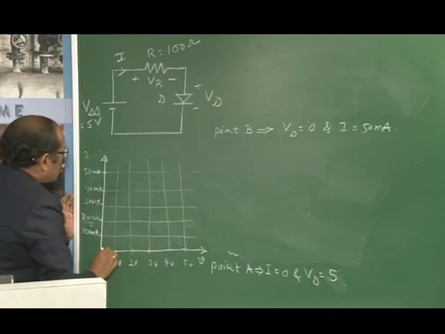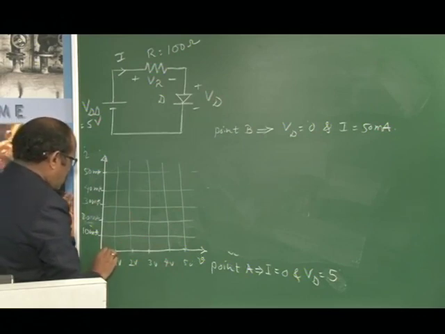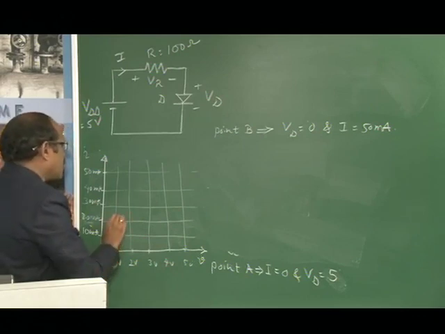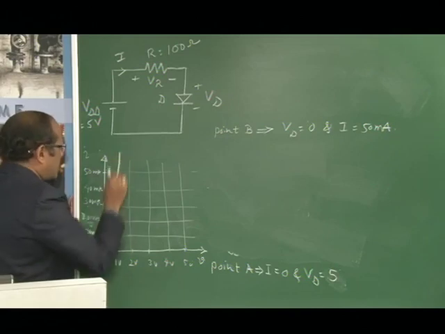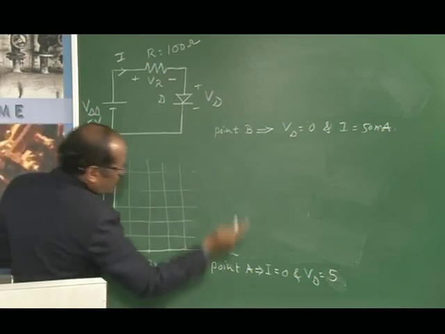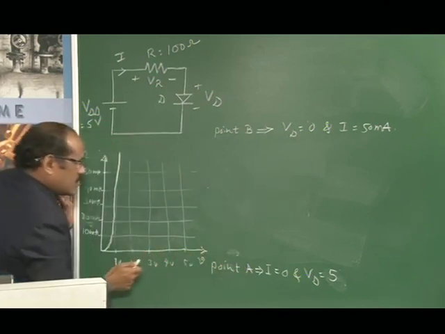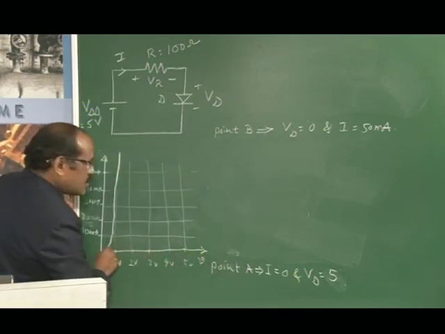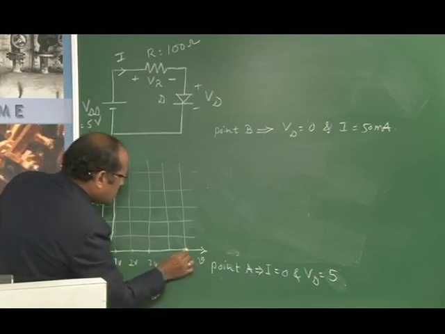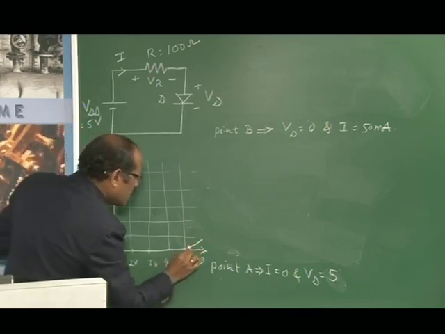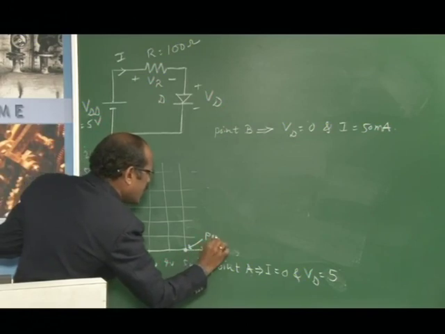This is the diode characteristic you are getting, and the DC load line point, point A, is along the x axis. Therefore I is 0 and Vd is 5, that is this point. This point we call point A.